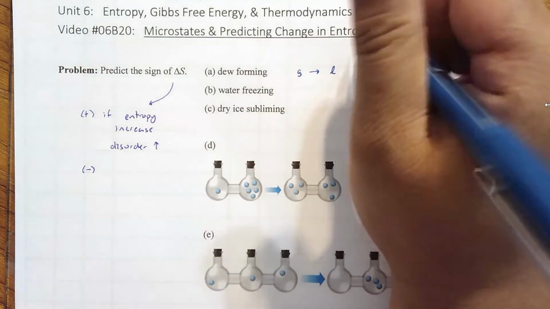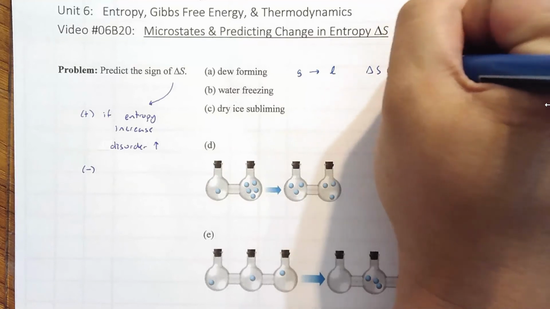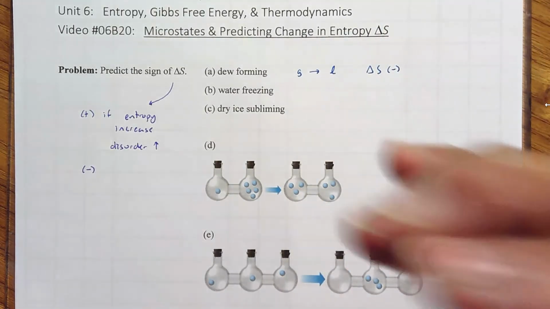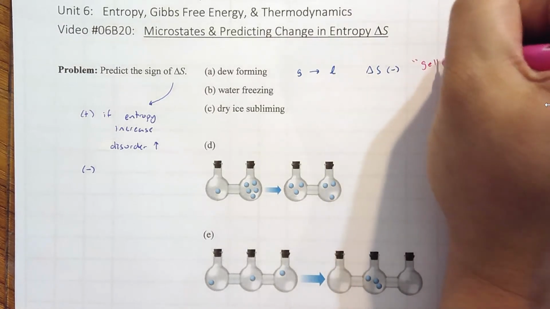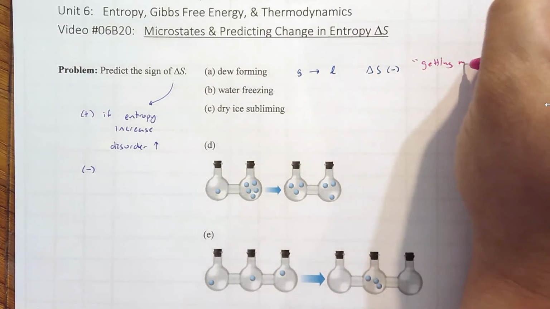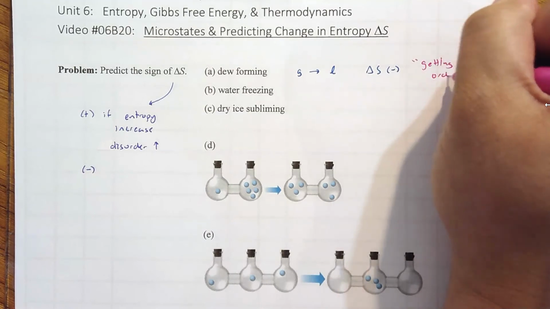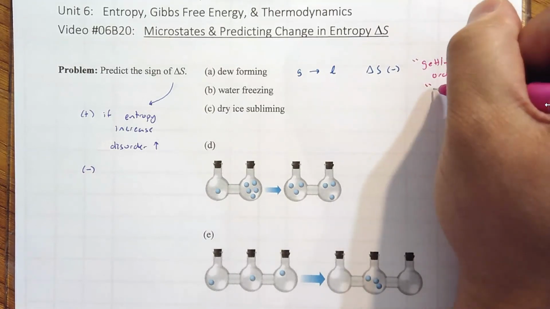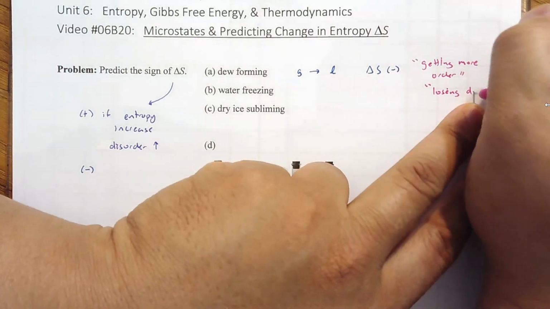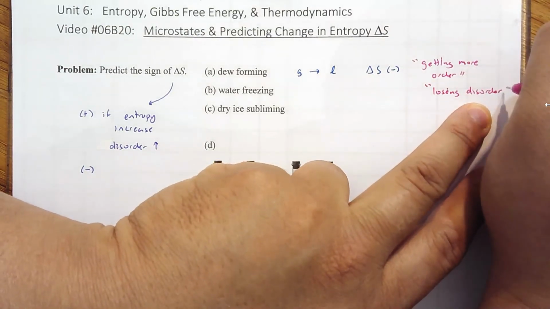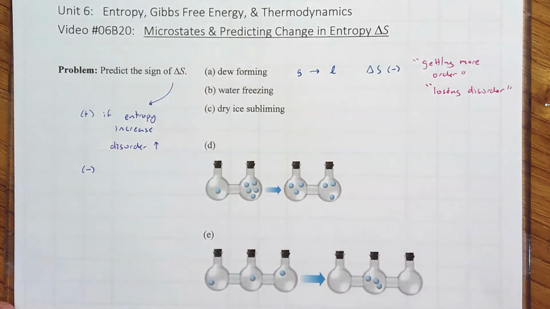So delta S is negative. You are getting more ordered. Okay, so you could either think of this as getting more order, or you can think of it as losing disorder. That, in a nutshell, is entropy.